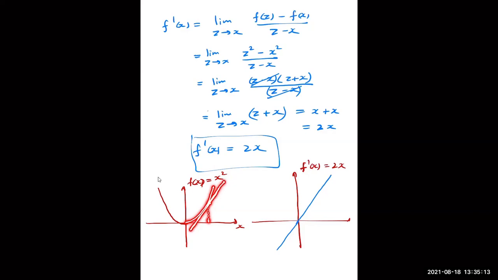So slope is positive for all x values to the right of 0. That's why this slope function stays above the x-axis for x bigger than 0. So the slope ideas that we discussed in section 2.1 very well go with what we have here.